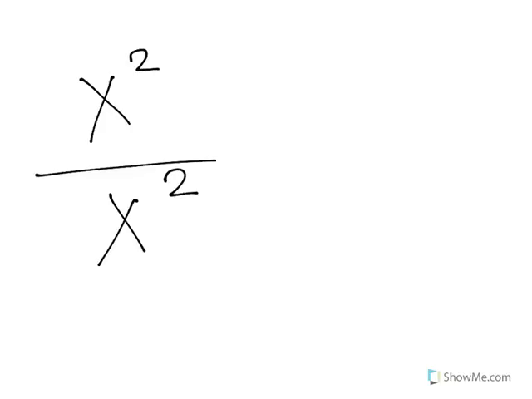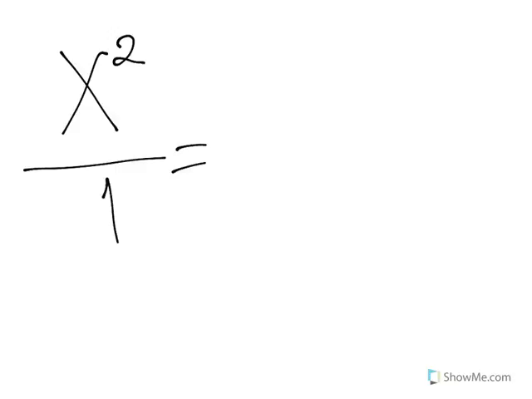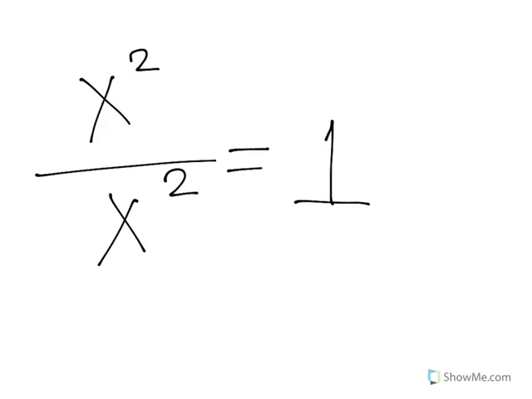Also, another factor of x squared is x squared itself. Because if you divide x squared by x squared, you get 1, which is also a polynomial. And for instance, 1 is also a factor of x squared. Because if you divide x squared by 1, you still get a polynomial, which is x squared.